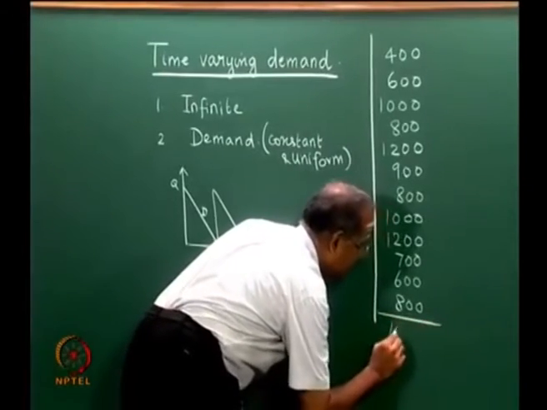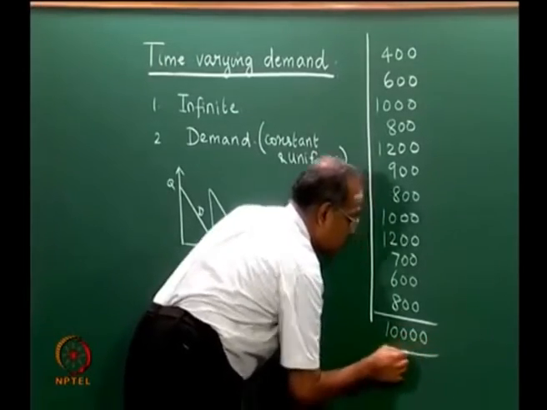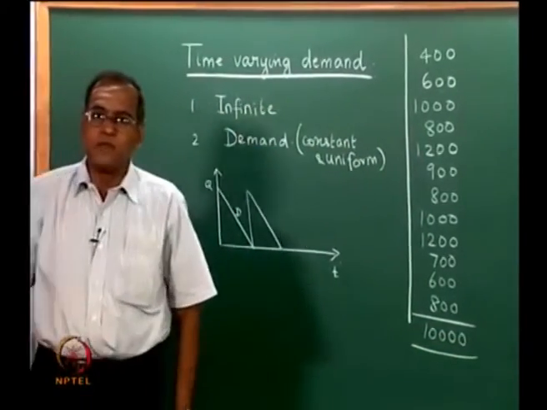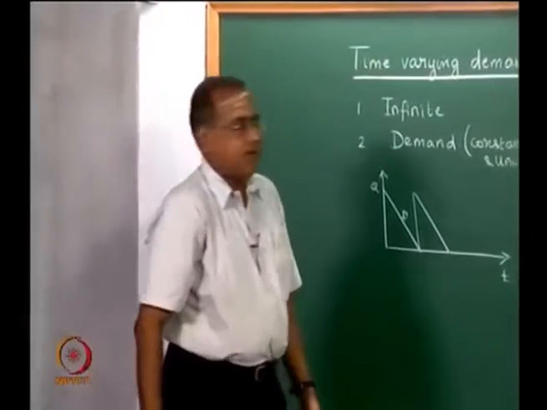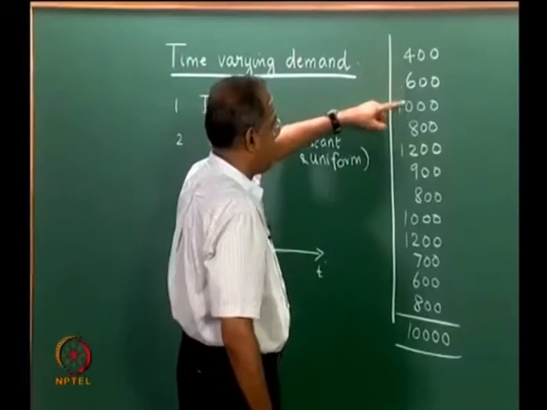Now these numbers have been taken such that when we add all of them we get 10,000. So we assume that the annual demand of 10,000 is now split into these 12 monthly demands.